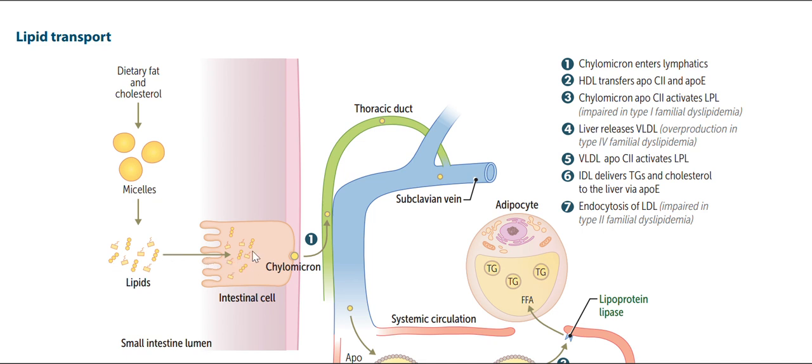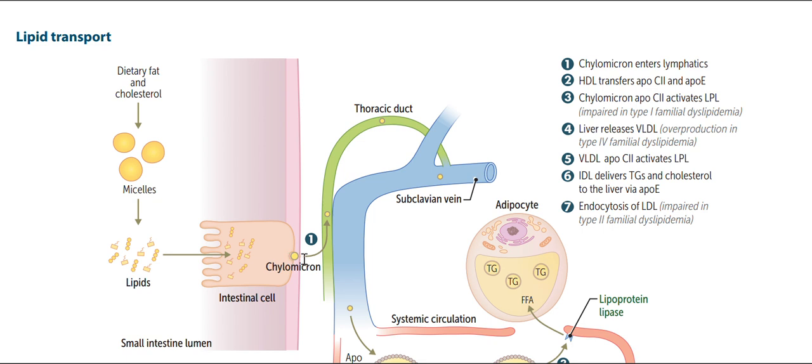Both of these then get absorbed into the intestinal cell, where they get remerged into triglycerides. And when they're remerged into triglycerides, cholesterol, they get packaged into a molecule called a chylomicron. Chylomicrons are very big molecules, and because of them being so big, they cannot normally enter the small blood vessels which connect the base of the intestine.